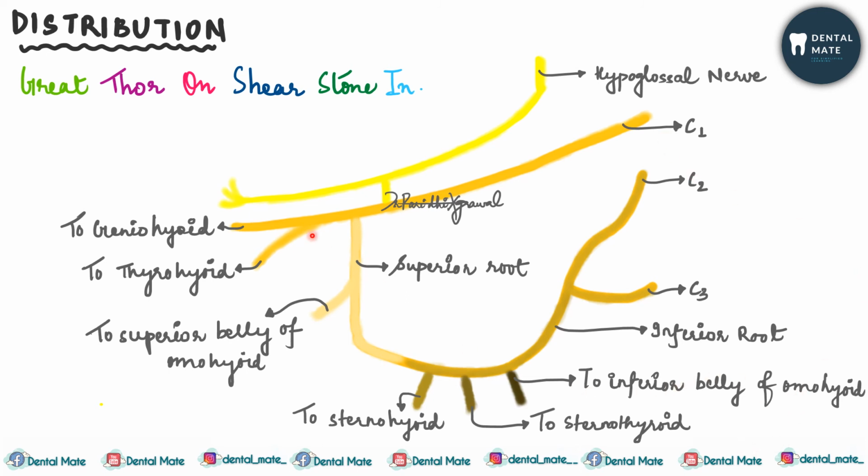Okay, so the superior belly of omohyoid is supplied by the superior root, inferior belly of omohyoid supplied by the inferior root. We have Great Thor on Sheer Stone In, that is geniohyoid, thyrohyoid. Then superior belly of omohyoid. Then we have the sternohyoid. After sternohyoid, sternothyroid. And then we have inferior belly of omohyoid.